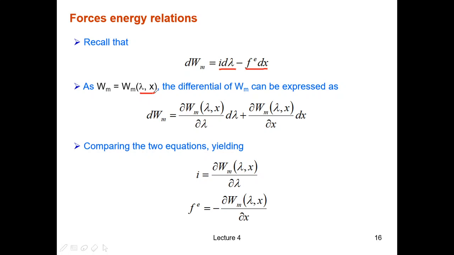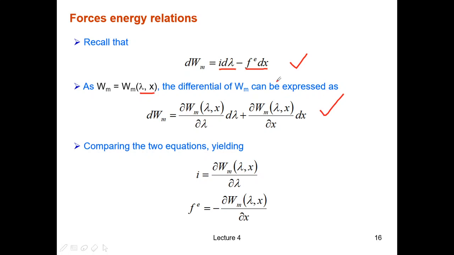So when we calculate the differential of Wm, dWm is normally the partial differentiation of Wm with respect to lambda multiplied by d lambda, plus the partial differentiation of Wm with respect to x multiplied by dx. So you see here we have both of them.